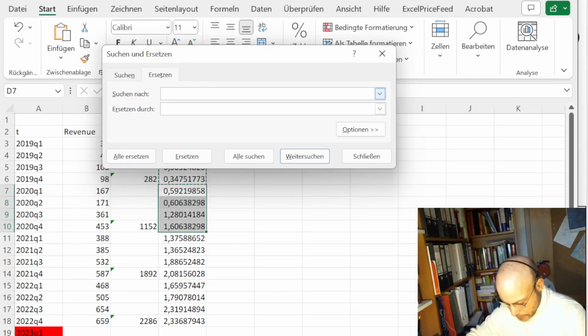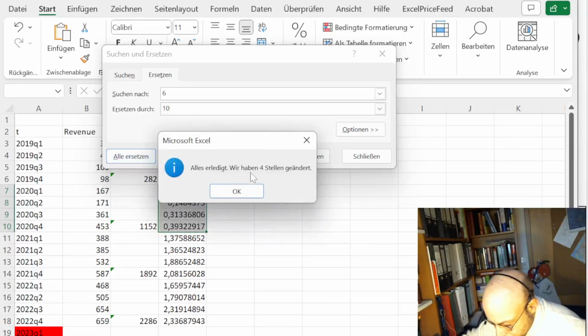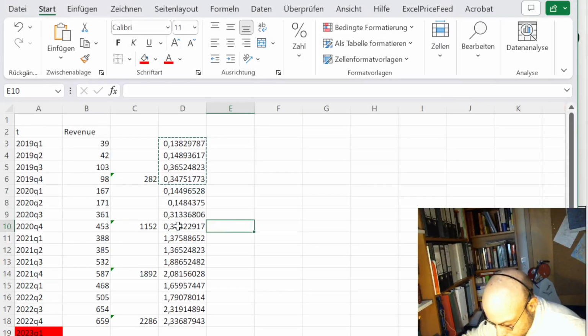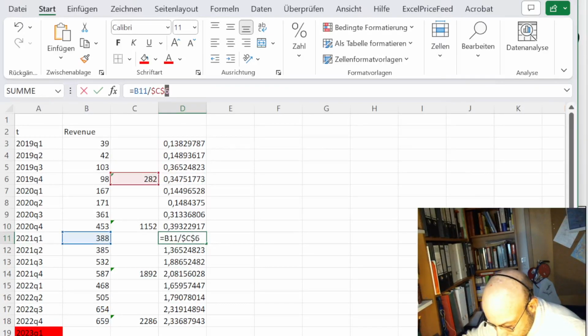So 6 we have to replace by 10. And in this case we have, this is right, 10, yes. And here we have to replace 6 by 14.